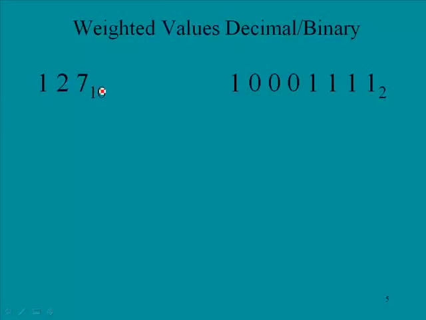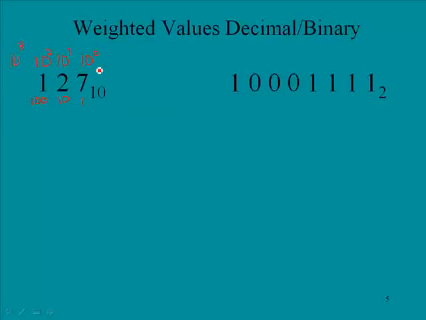Well, the typical way you did this in grade school is you view this as the ones column, this as the tens column, and this as the hundreds column. But with base 10, let's look at it as powers of 10. So this first digit would be the 10 to the 0 column. This would be the 10 to the first power. This would be 10 squared, and if we went on, it would be 10 to the third. We're not going to go there.